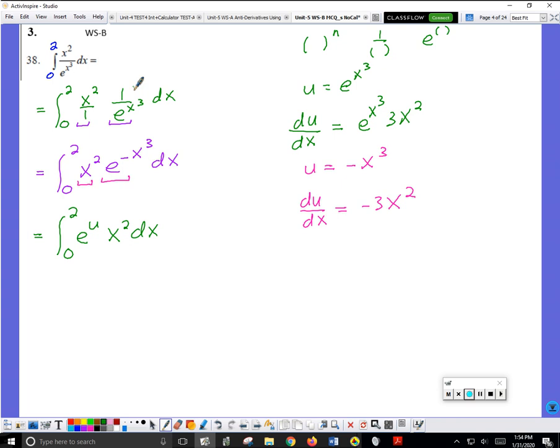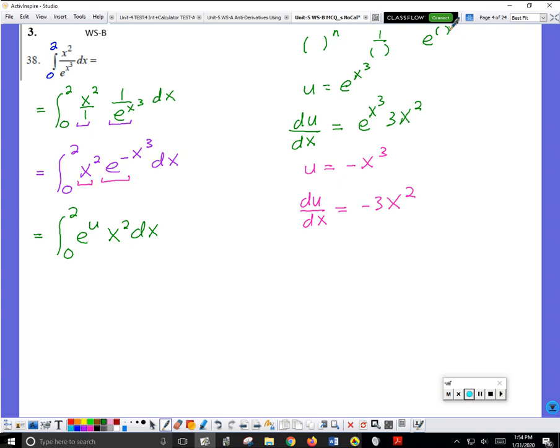Now, is the something in parentheses always x? No, it could be sine or cosine. That's just whatever, e to the something. But once you take dx of whatever that is, the derivative of u has to equal the other multiplying function.